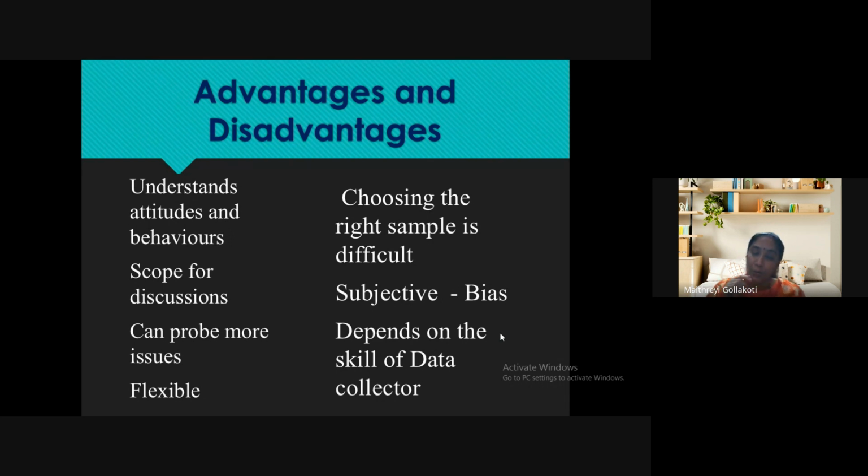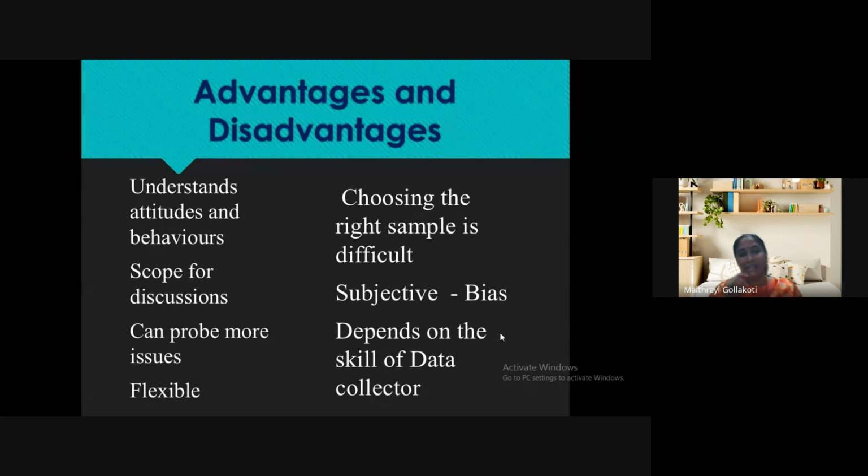Okay. So, in qualitative data, we try to go for discussions. Then we can gather more information. Then we can discuss different issues. Then the consumer can share the problems, share the experience of using the product, and they can even give you feedback on how to improve the product.